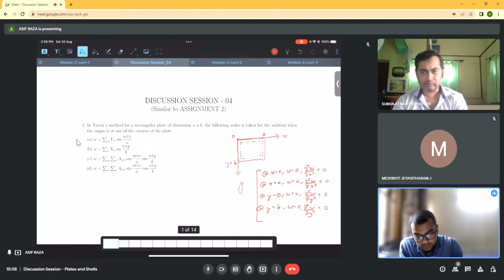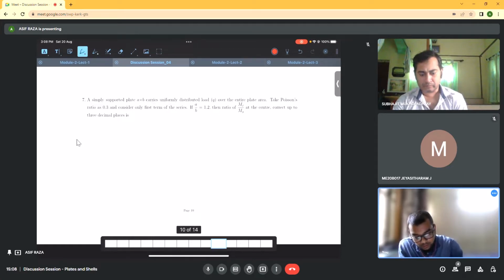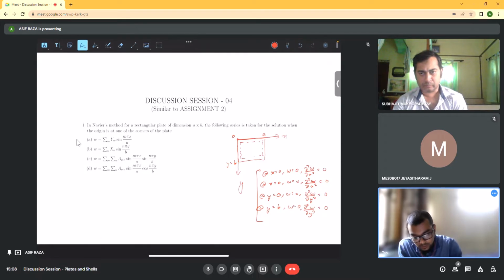If we see the first option, it's given as sin m pi x upon a. Option A will give, at x equal to 0, w equal to 0 and del square w by del x square equal to 0, so this satisfies this condition.